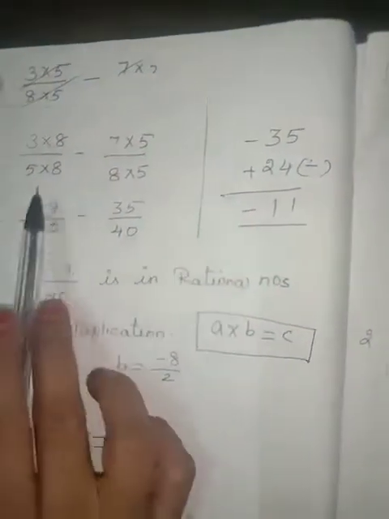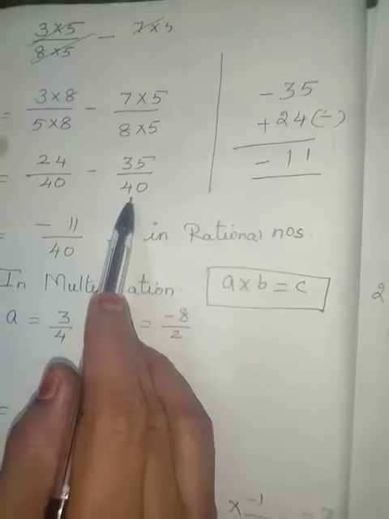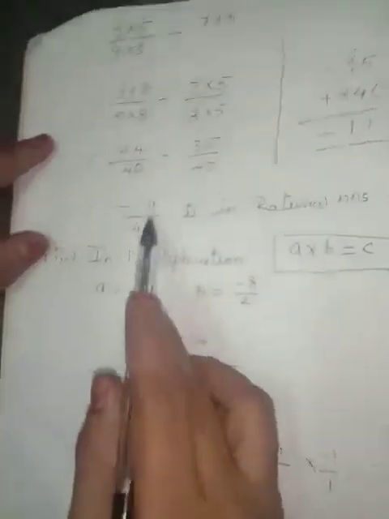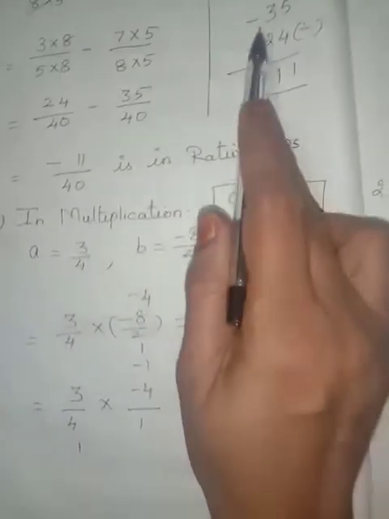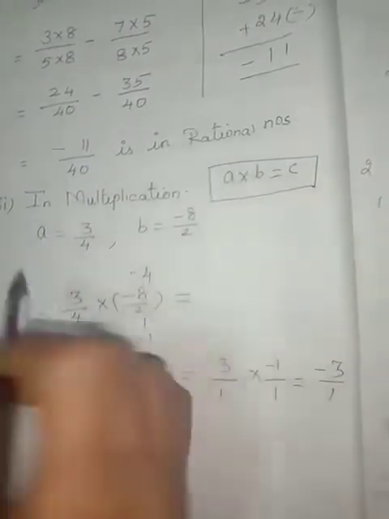So simplifying the two rational numbers, we get 24 by 40 minus 35 by 40. The difference with the common denominator is minus 11 by 40, because the negative sign is greater. So minus 11 by 40 is a rational number.